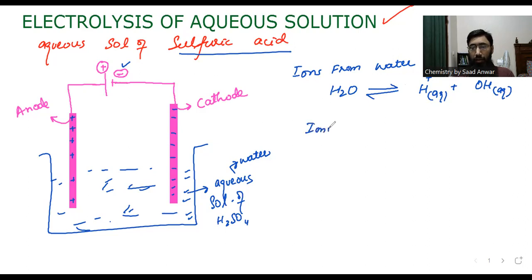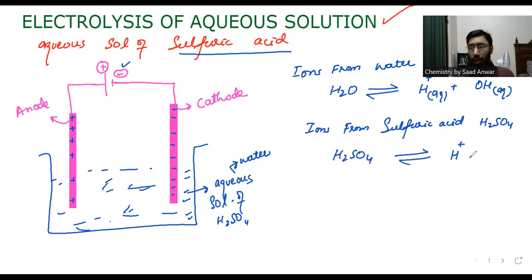Now ions from sulfuric acid, H2SO4. The ions which I get from sulfuric acid are hydrogen ions, and the other ions which I get from sulfuric acid are the sulfate ions.